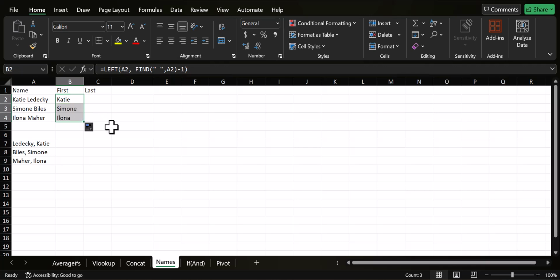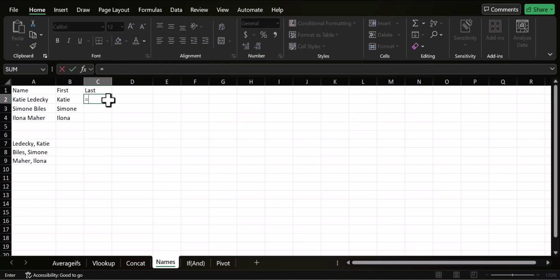So we got the bit to the left. And again, we're saying that the thing separating those two names is that space. So that is kind of the reference for left-hand side, right-hand side. We can do something very similar to get the last name, only this time we're looking to the right of that space, right?